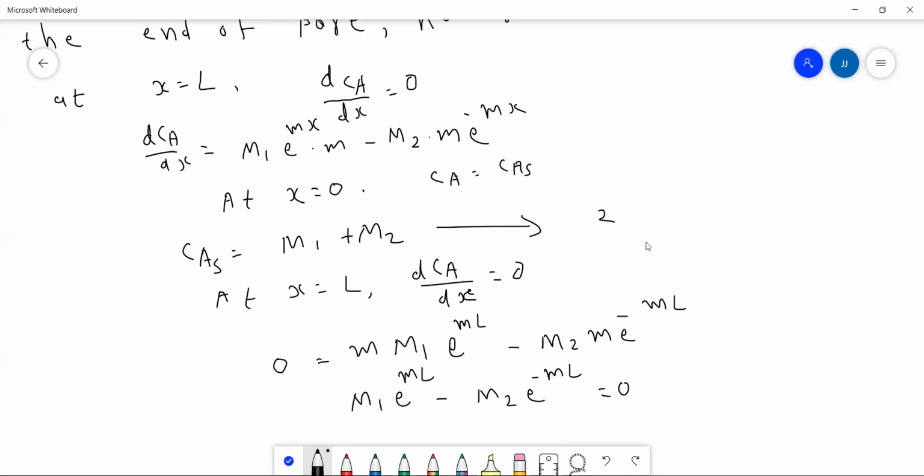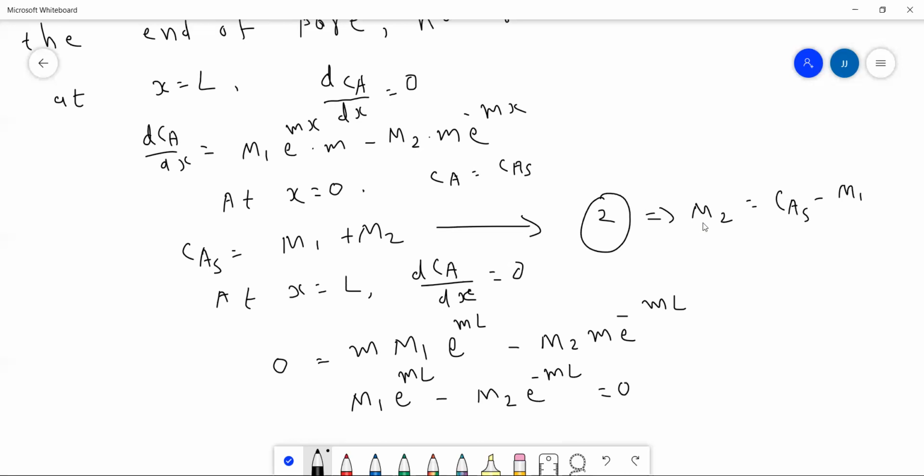Now from this equation we may write m2 is equal to CAS minus m1, because we need to determine the value of m1 and m2 constants. We have to simultaneously solve these equations.